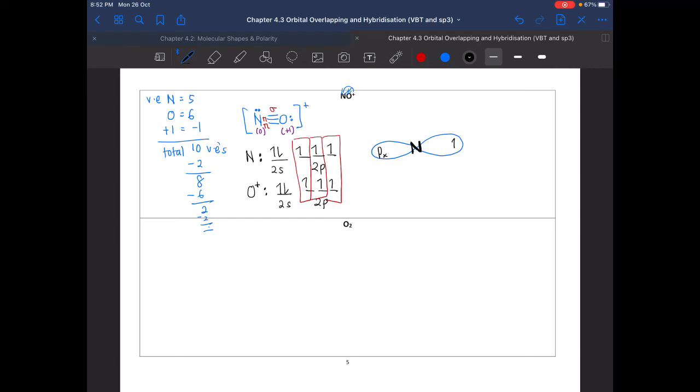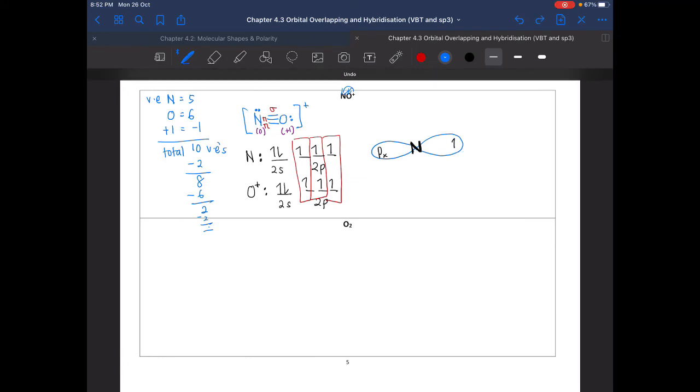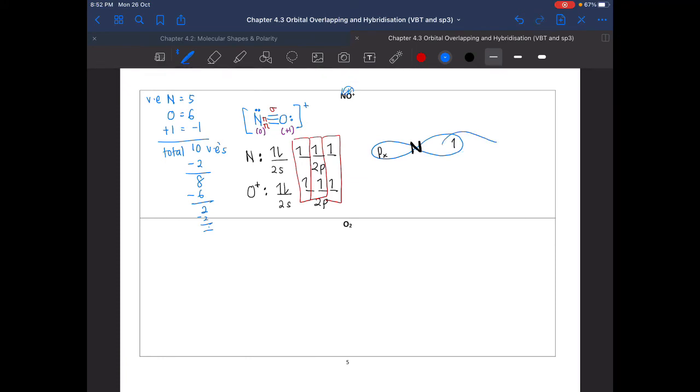And we need to draw oxygen pula. Okay. So, tak boleh draw macam tu. Tak jadi, tak cantik. So, saya draw macam ni. Okay. So, this one is oxygen. So, O. And then this is also px, and the other one electron. So the bonding between N dan O ni adalah sigma bond.